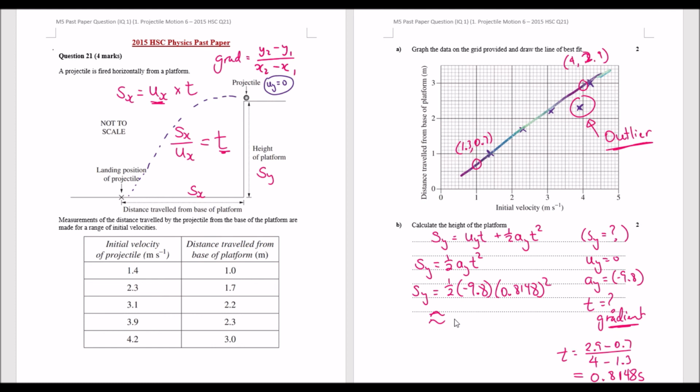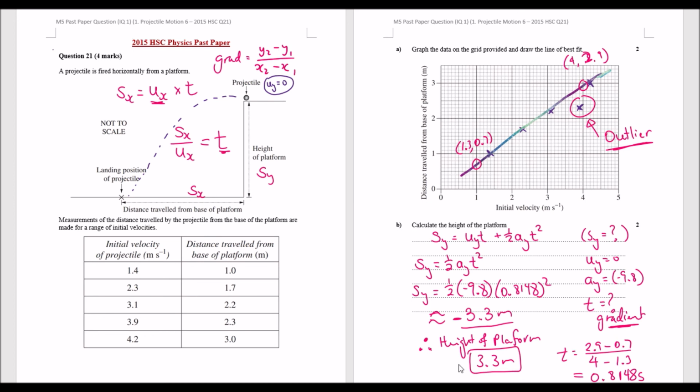So we've fallen about -3.3 meters if we're doing it in 2 significant figures or 1 decimal place. So therefore, the height of the platform is about 3.3 meters. And so that's how you solve this problem here.